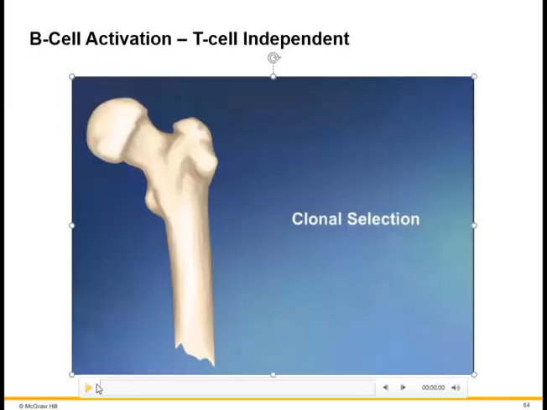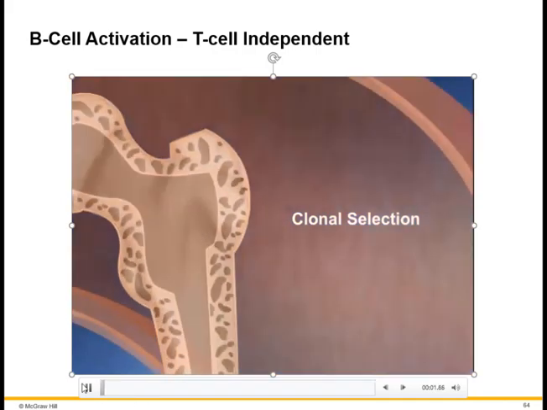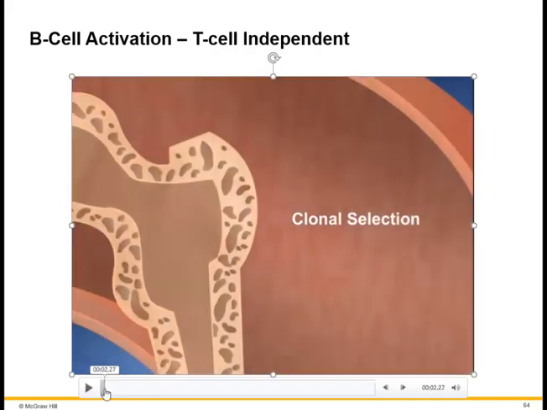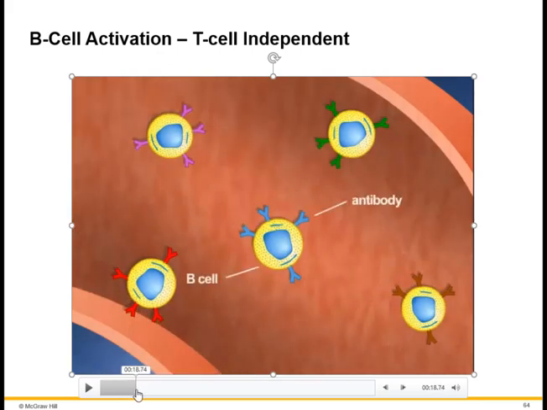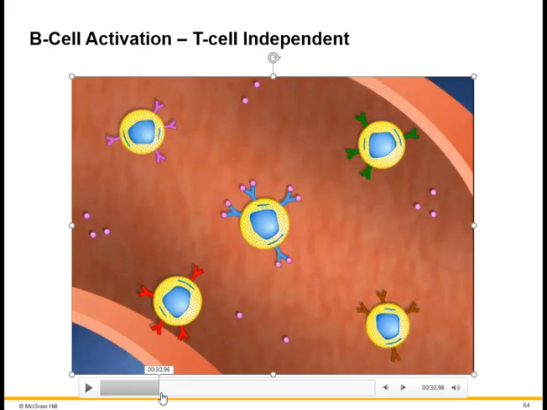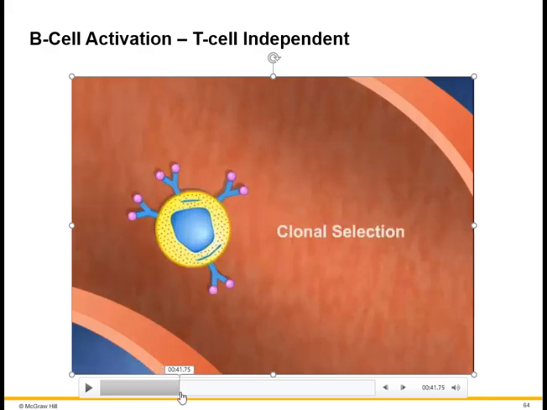So I just wanted to go through a few things in this animation before we go too much further. So this is the independent process. B cells are made, they get their receptors, they get selected because the particular antibody matches the antigen. And that is called clonal selection.